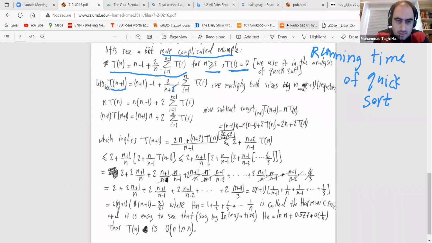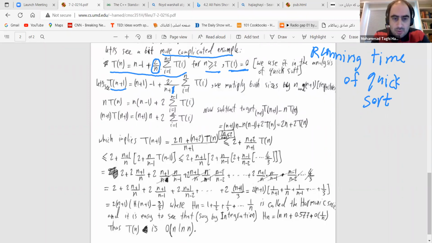Actually, this should be n plus 1. Good. Now that we have this formula, of course, we can simplify this. So what is the issue? We cannot simply eliminate the history because here it is 2 over n and here 2 over n plus 1. So the coefficients are different. We need to make them equal.